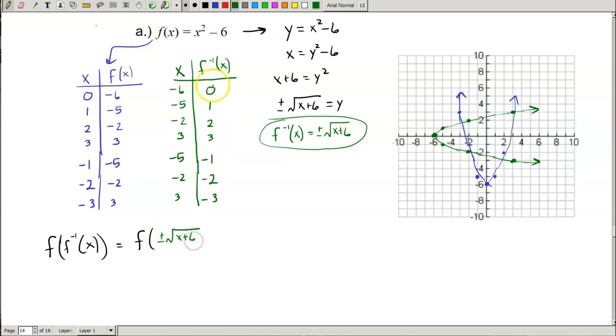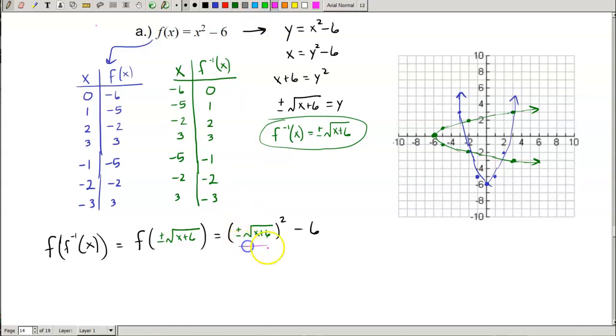Root x plus 6. So what happens when I take root x plus 6 and I plug it into x squared minus 6? If I put in either a plus or a minus, I could do those separately, but it doesn't matter, because if you square this square root, if you take the square root of x plus 6 multiplied by the square root of x plus 6, you'll just get x plus 6.